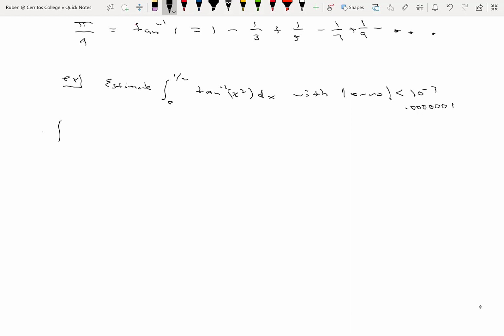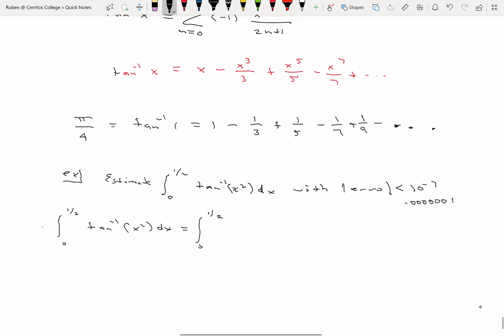The integral from 0 to 1/2 of the inverse tangent of x squared with respect to x is, I'm going to use the power series for the inverse tangent of x, and substitute x squared inside.